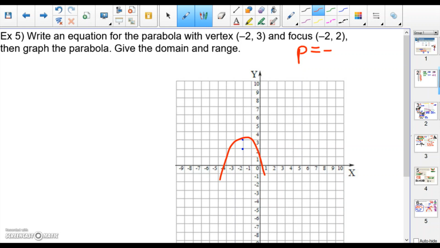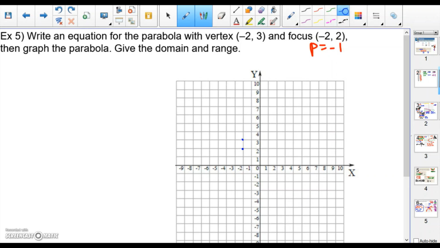But you can look at that distance right there. That distance is 1, and so that's all it is. It's a -1 is your p-value. So we just have p equals -1.